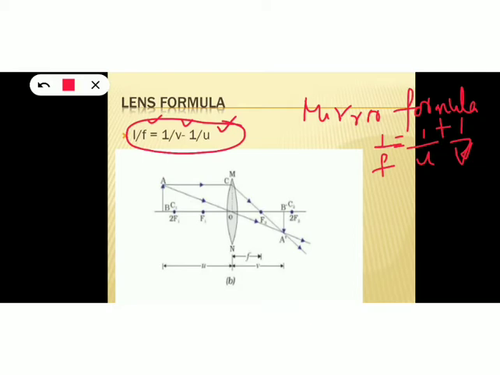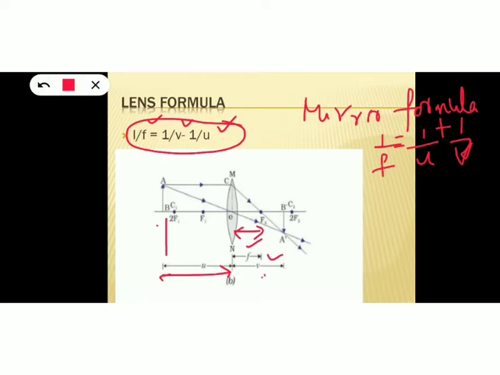Here this distance is f. What is f? f is the distance between the optical center and the focus F2. Then this distance is u. What is u? u is the distance between the optical center and the object.